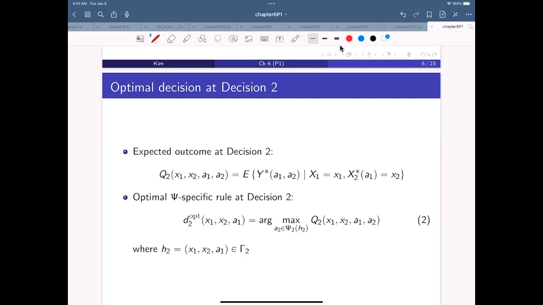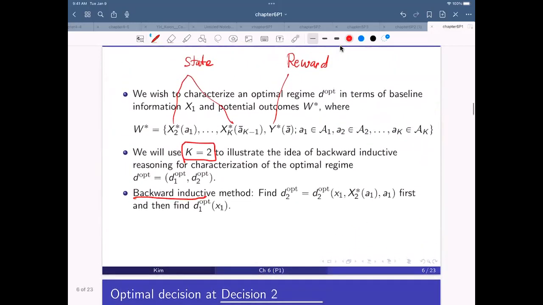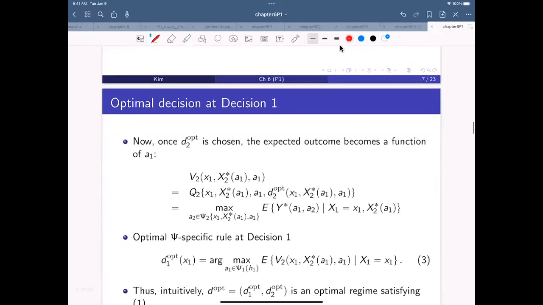This is a function of all the previous history, a function of history. I'll use an example to illustrate this soon.